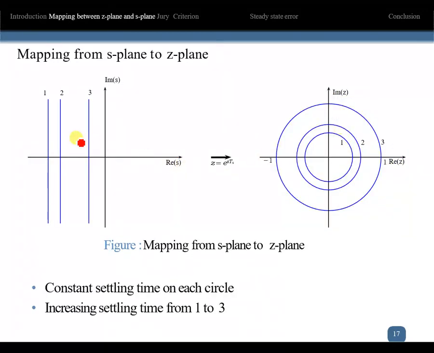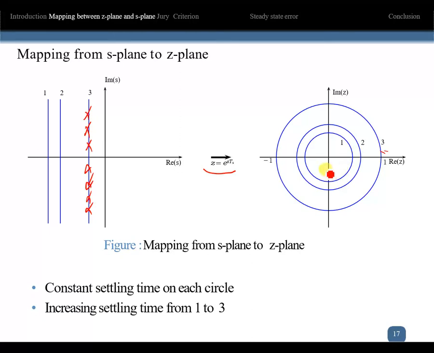Now we will compare with the system we explained before. If you have a lot of points here, what happens with the transfer function when going to the Z-plane? In the Z-plane you find circles, such as the region about 3, line 2 will be a circle about 2, and line 1 will be around 1.